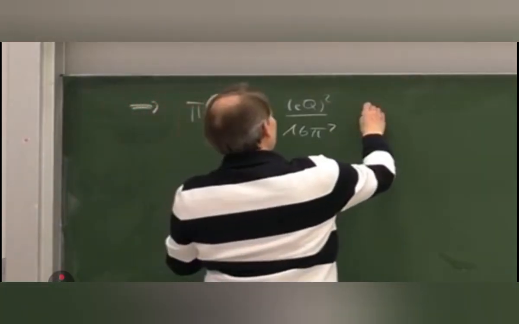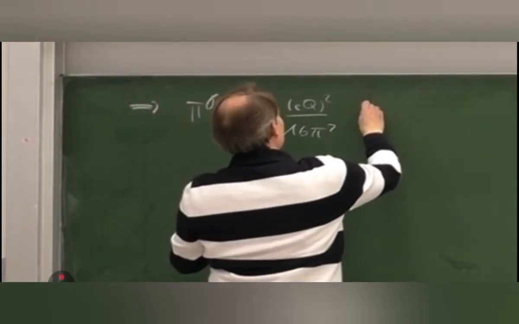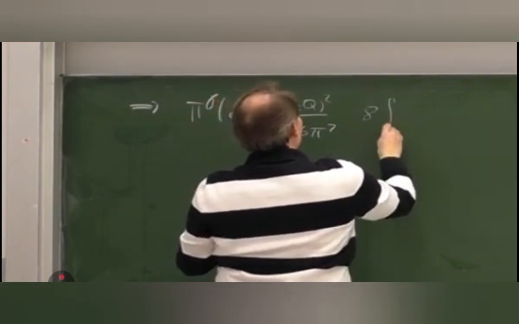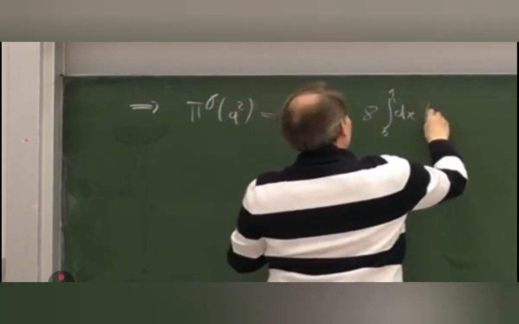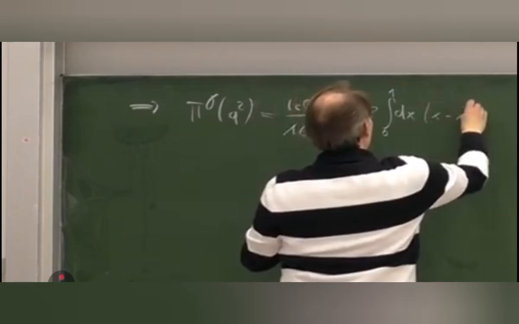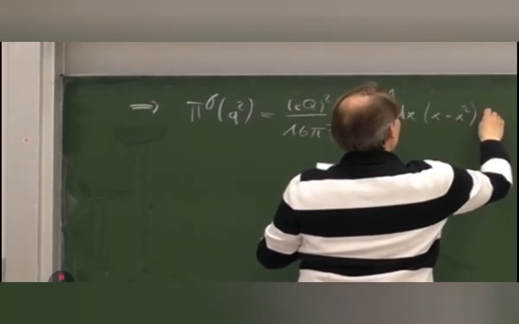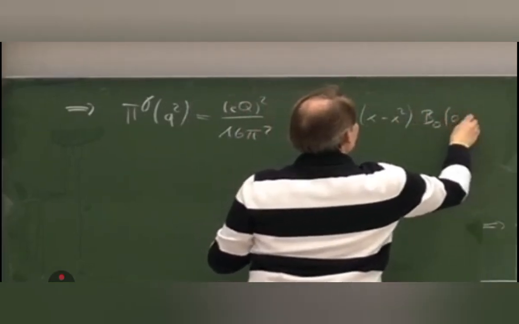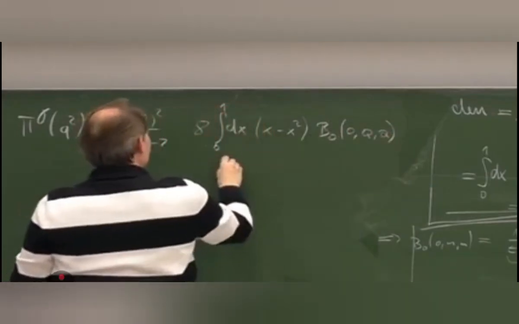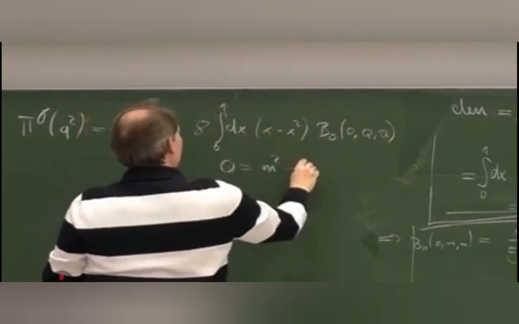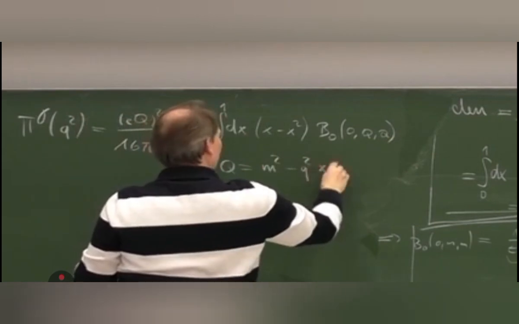Then times 8 times the integral 0 to 1 dx of x minus x square times B0 of 0, q, where q is given by m square minus q square times x times 1 minus x.